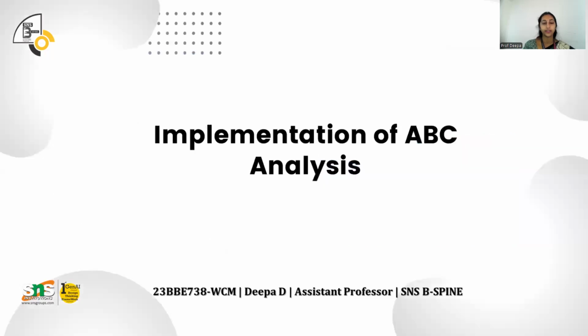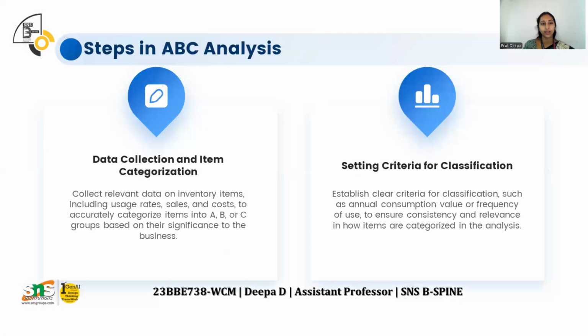Now, implementation of this ABC analysis. First step is data collection and item categorization. Next is setting criteria for classification. You collect all relevant data related to the inventories, based on their rates, sales, and cost, and categorize them as A highly important, B moderately important, and C least important.